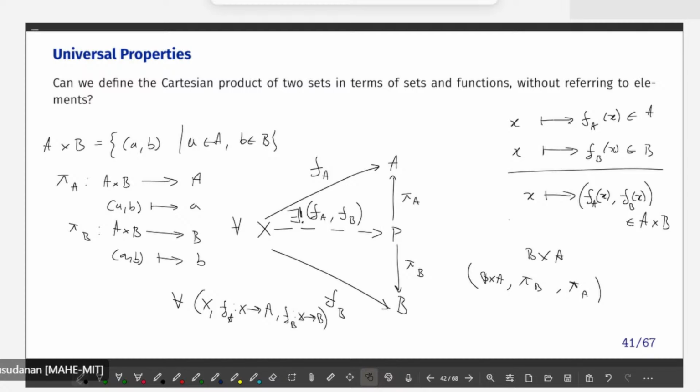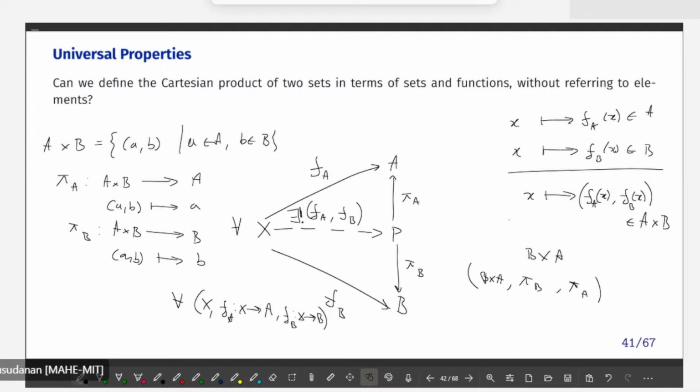So does it mean there are two Cartesian products for A and B? Actually, I don't even have to use A cross B. I can use some other set with the same number of elements and define pi A and pi B appropriately, and even that will satisfy the property. But that's okay because they will all be isomorphic to each other.